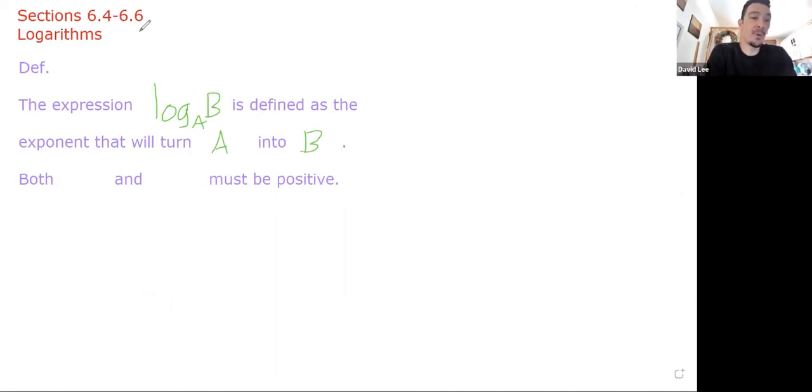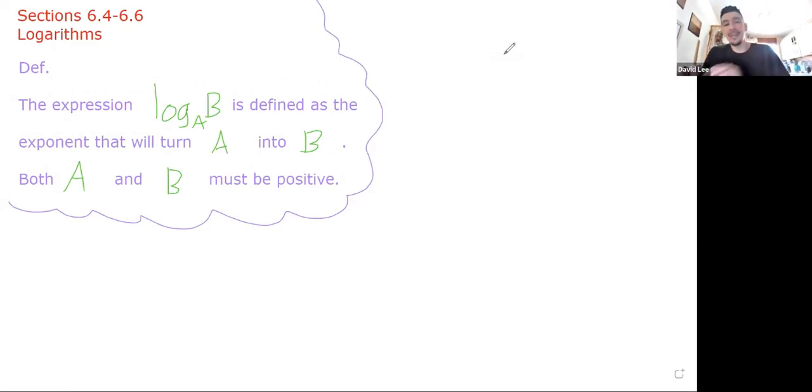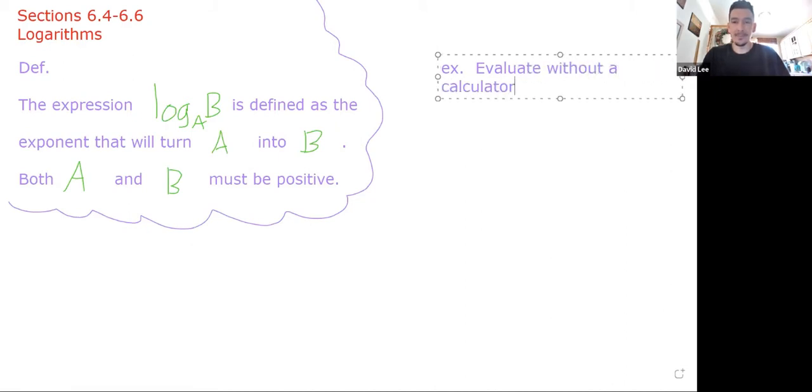And then it says both a and b must be positive. So with this definition in mind, we can do some examples where we see how to evaluate logarithmic expressions, but with no calculator. So example, evaluate without a calculator.